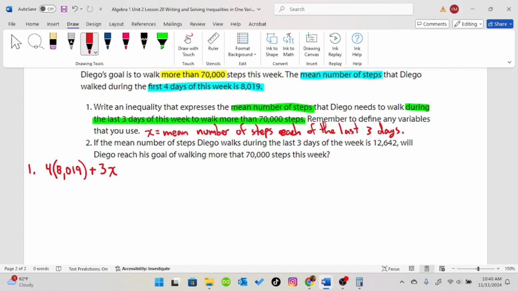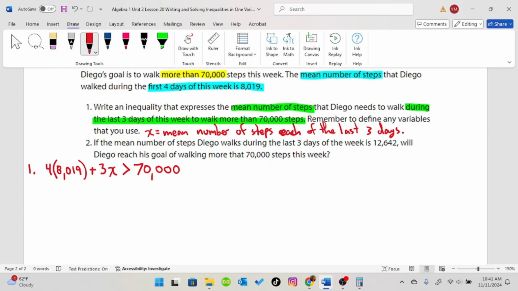So 4 times 8,019 will get us the total number of steps that Diego walked the first 4 days. Then 3 times x will get us the total number of steps that Diego walks the last 3 days. And all of these steps over those 7 days needs to be more than 70,000. So this would be the inequality that would solve this.